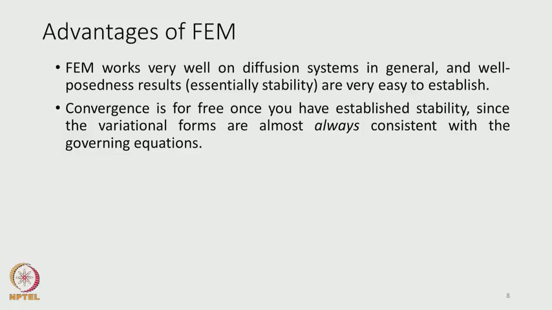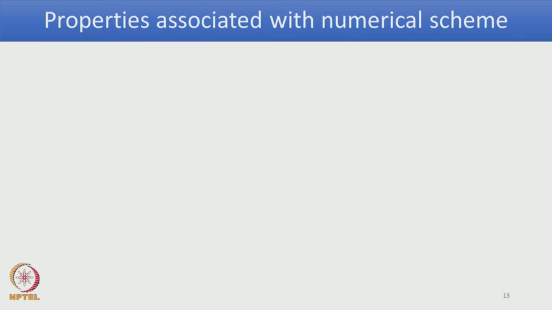So, once you ensure stability and consistency, then convergence is automatically satisfied. This is a major advantage with the FEM procedure. As I mentioned before, we are not going to talk in detail about the FEM procedure, that is done totally in a different course. Next, another important aspect: what are the properties associated with the numerical scheme?